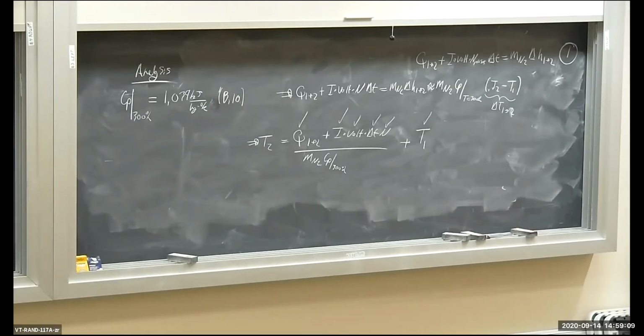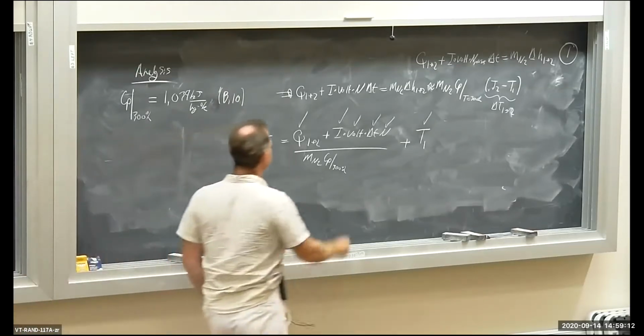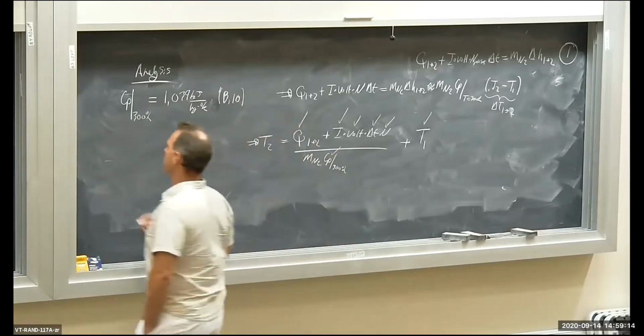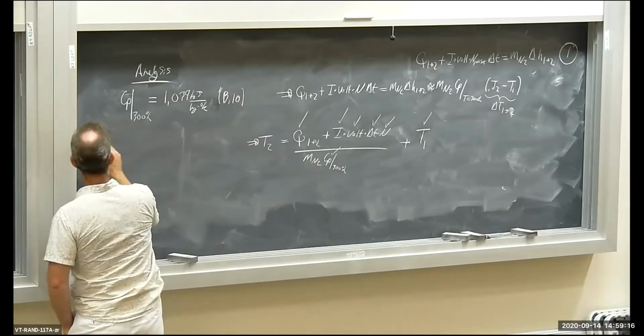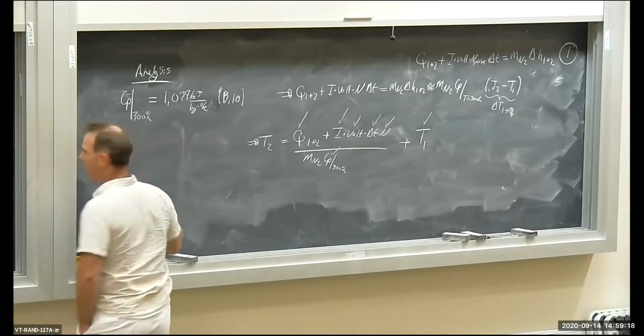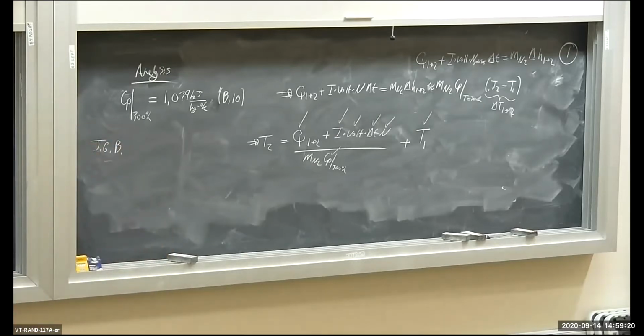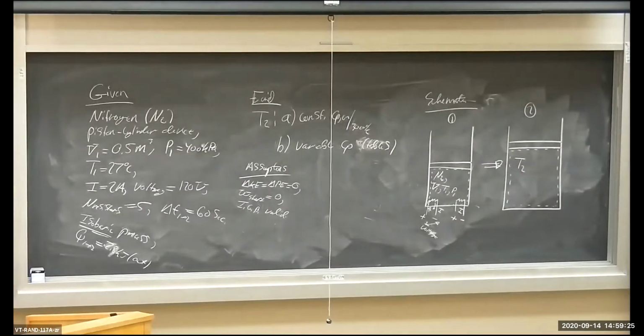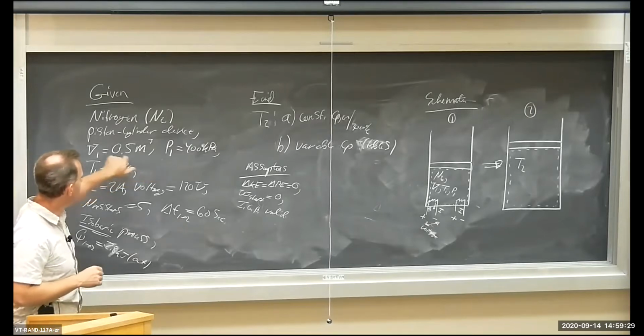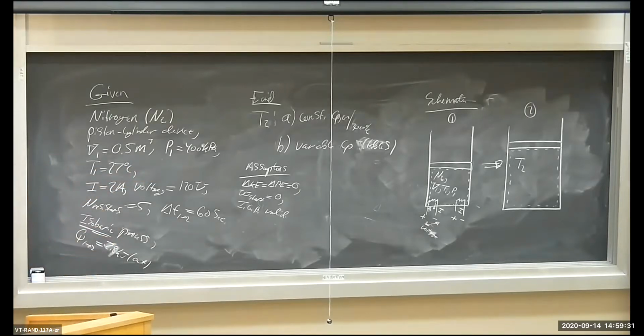Now, what about the mass? So that's the specific heat. What about the mass? Well, I can use IGB, ideal gas behavior. I have the initial temperature, pressure, and volume, and I can get the gas constant for nitrogen. It's the universal gas constant divided by the molecular weight for nitrogen. Molecular weight for nitrogen is in table B1.